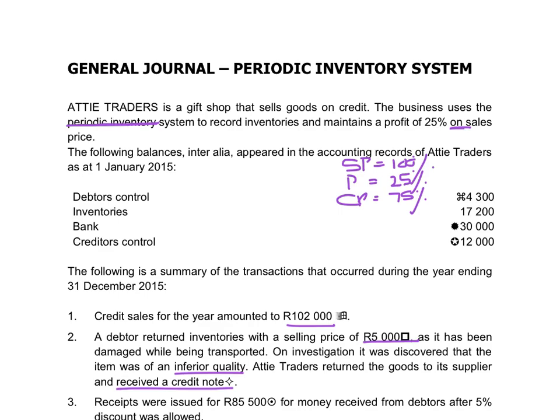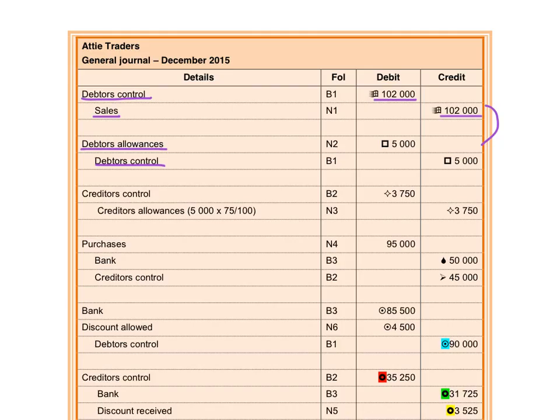The sales price equals the amount that was returned, 5,000 Rand. If you want to calculate the cost price, the one that you want, 75, divide by the one that you know, 100, times 5,000.